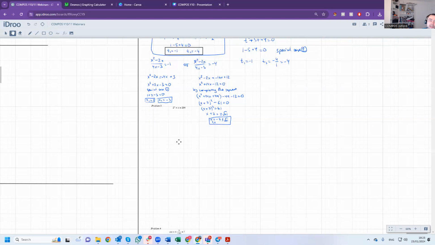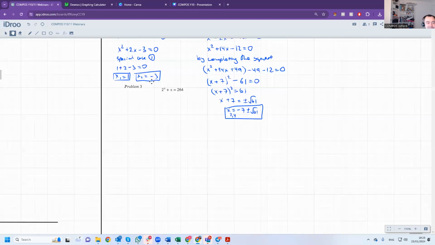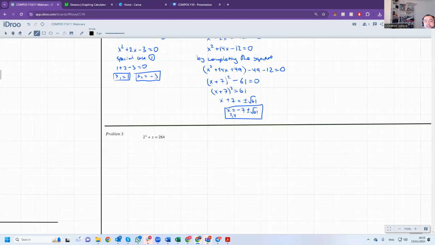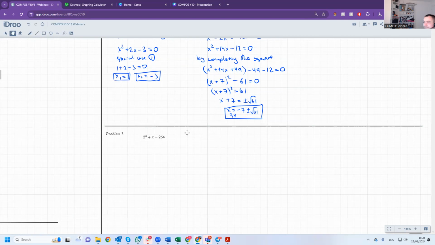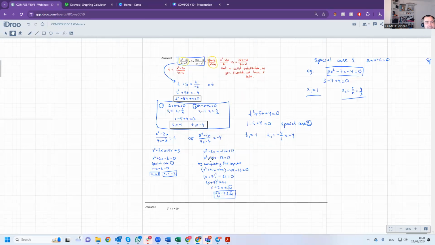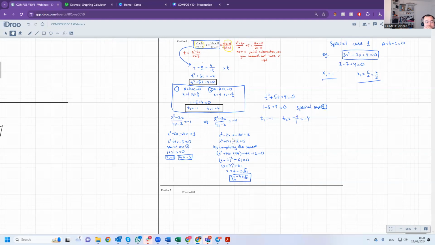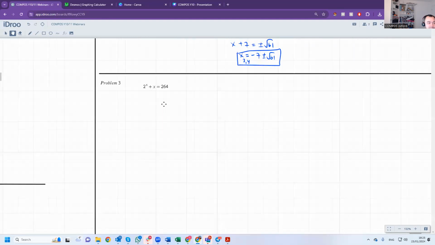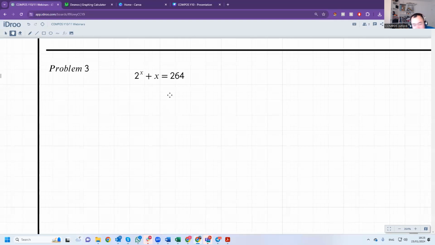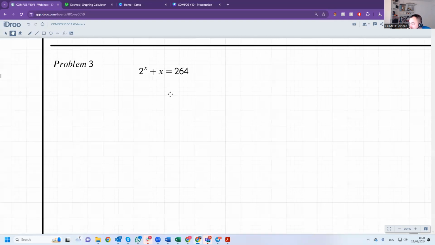I'm using shortcuts here, but you can substitute them back into the original equation to check that they are solutions. That's called a sanity check. Okay, so we've done 2 problems. Now the next one.